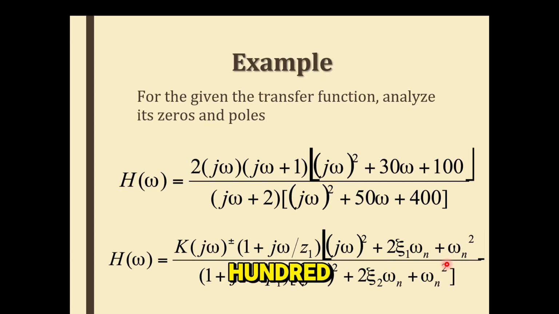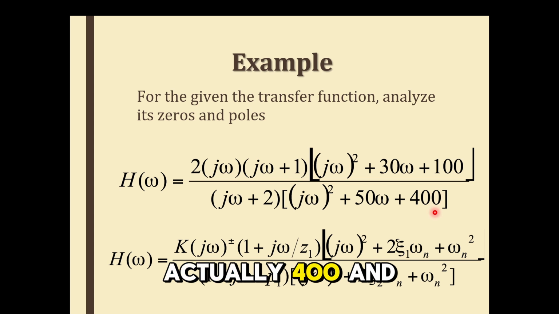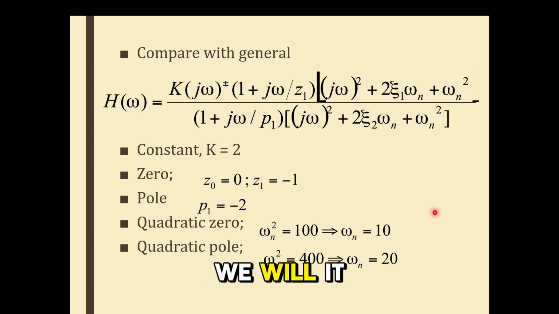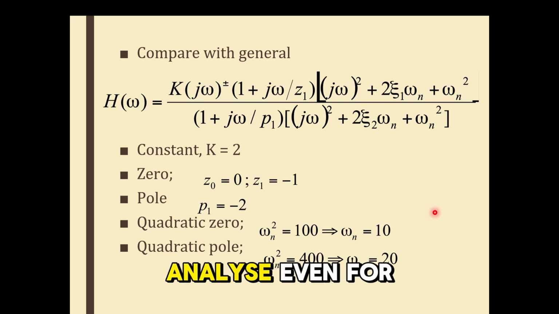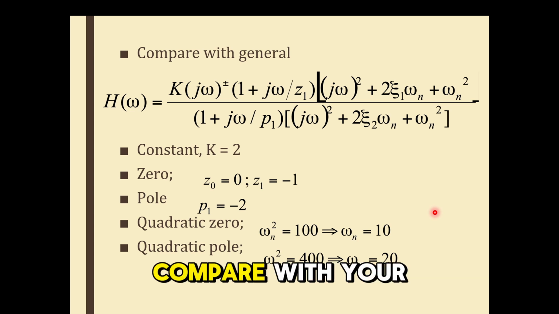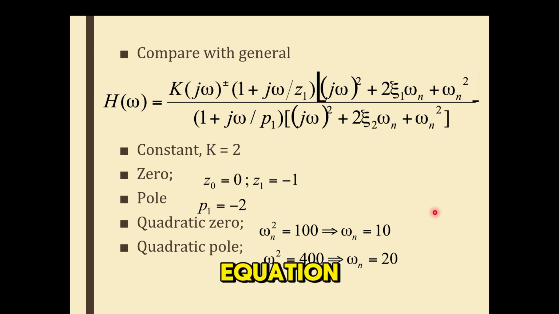This is 100, and this is 400, and 100 and 400 will give you 10 and 20. Okay, so this is how we get the poles, and this needs a lot of practice, observation and analysis, for you to compare your own equation with the standard equation and try to get the poles and zeros.